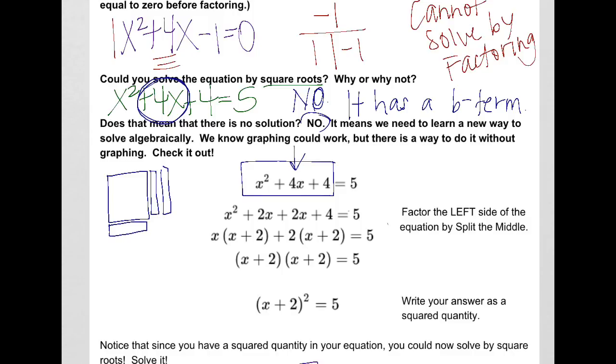3, 4. And if you notice that plus 4, the 4 1 tiles perfectly fit right here. And all of a sudden I have a square, right? This entire shape here is a perfect square.